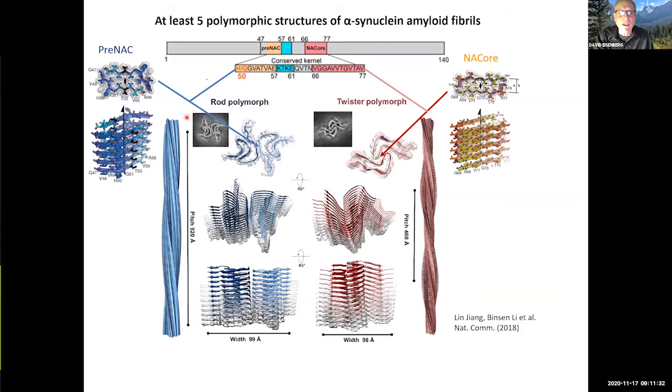And that's at the core of another fiber structure that alpha-synuclein forms, another polymorph, we say. And again, the same sort of overall bent horseshoe, they meet at a different place, and that place in this fiber is at pre-NAC rather than NAC core. Both fibers are formed simply by a stack of these identical layers, but they meet at a different point.